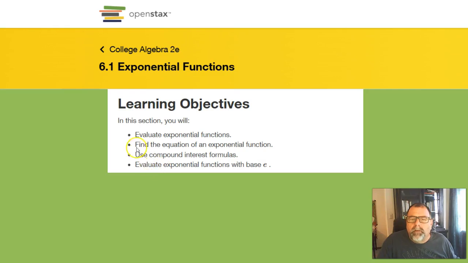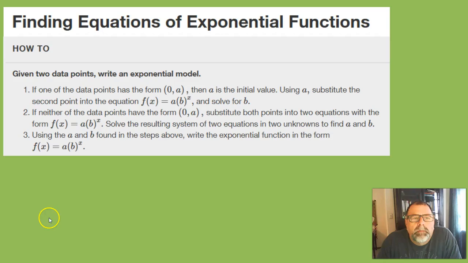Okay, on to the next learning objective. Find the equation of an exponential function. Okay, so here's the technique. Given two data points, write an exponential model. If one of the data points has form 0, a, then a is the initial value. Using a, substitute the second point into the equation f of x equals a b to the x and solve for b.